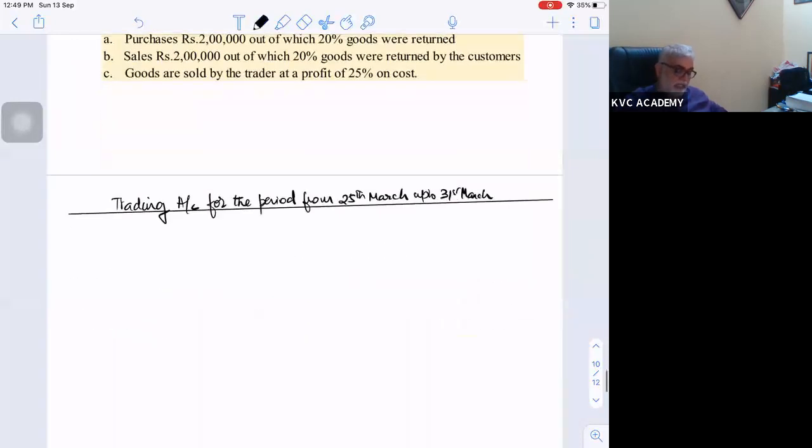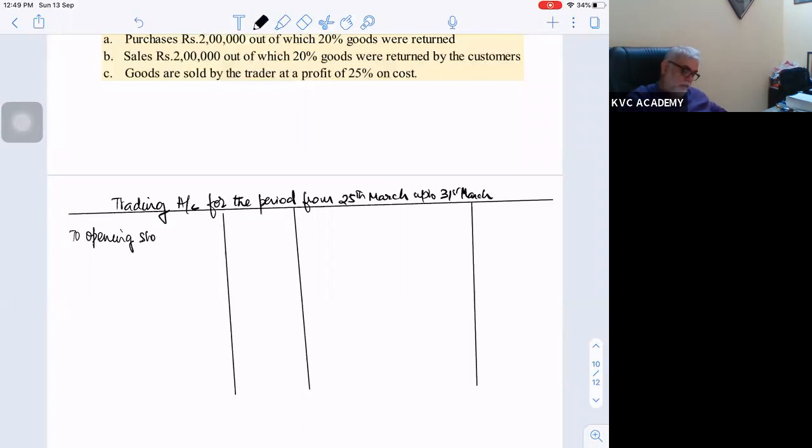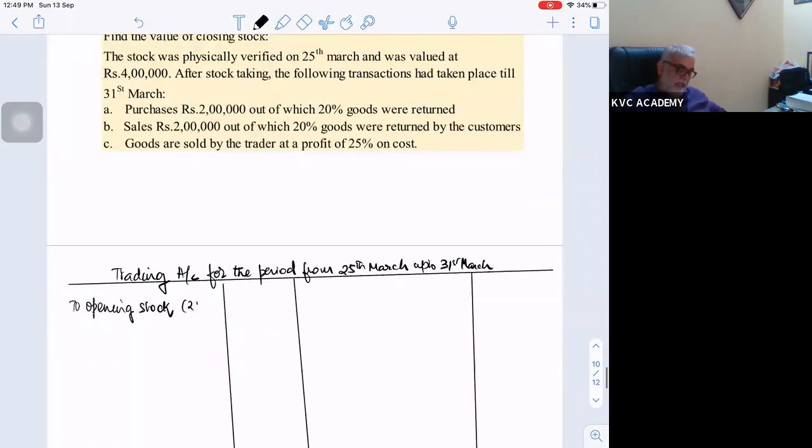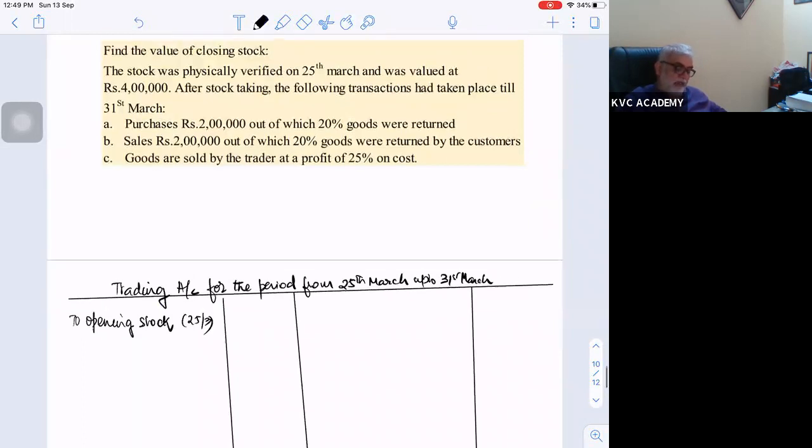Okay, so here I will say opening stock. As on 25th March, I am told the stock was 4 lakh.